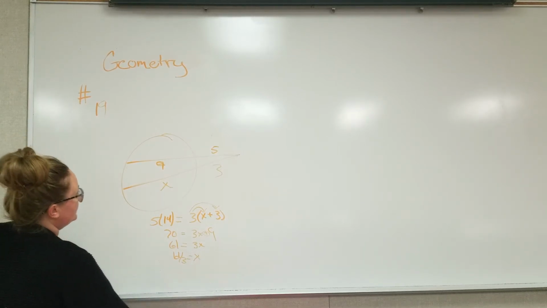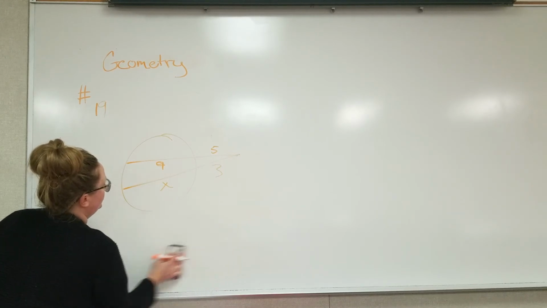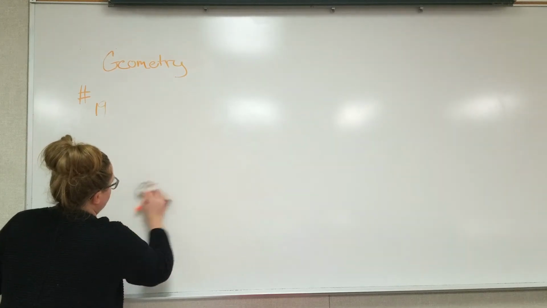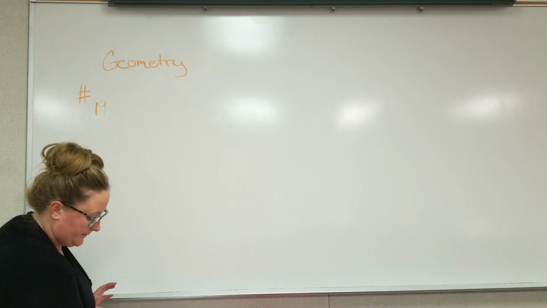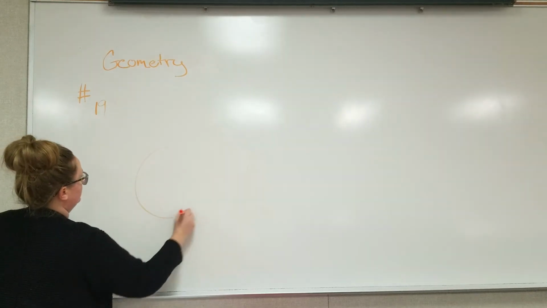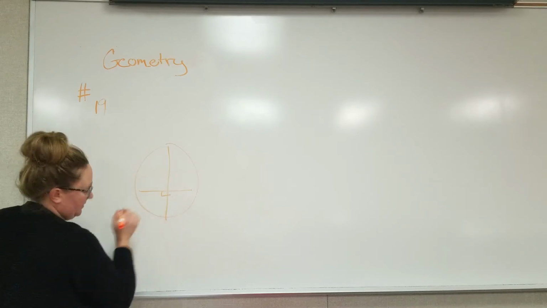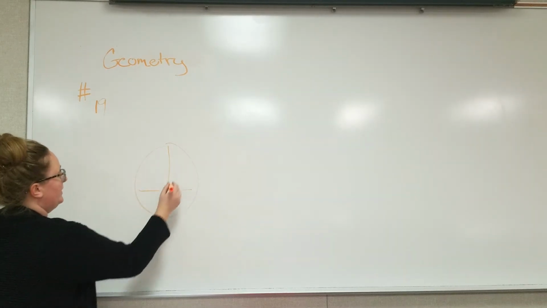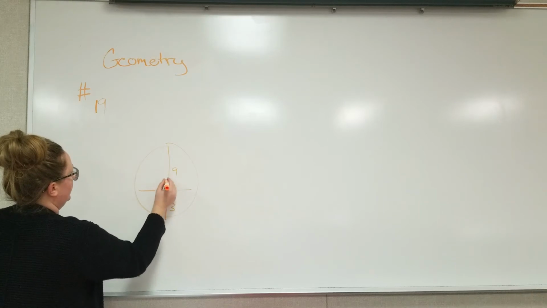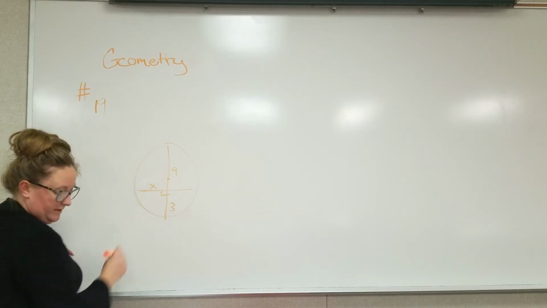And then the last one in this segment is 2 secants intersecting inside the circle again. We have 2 lines like this, and they say it's perpendicular. It has this little square. All right. And this says it's a diameter.